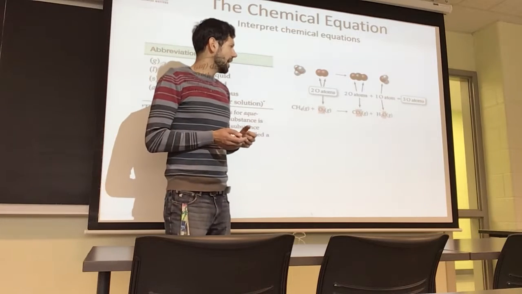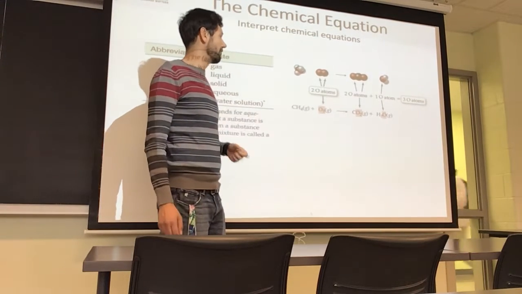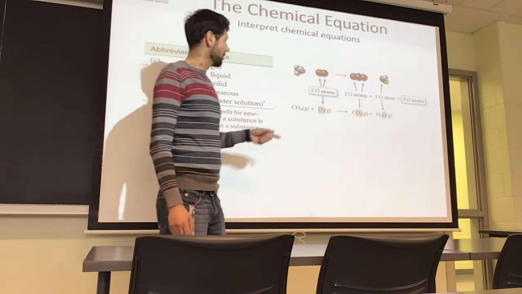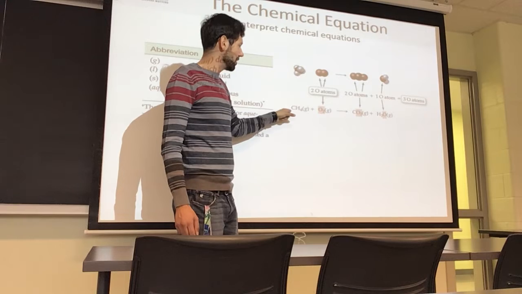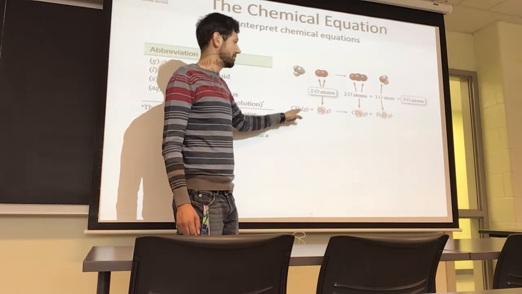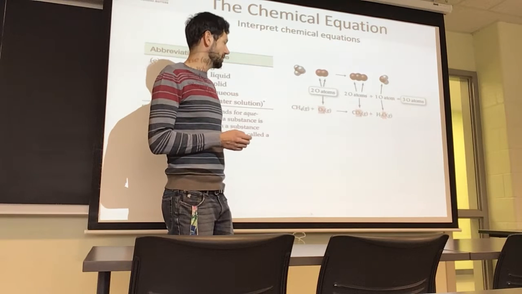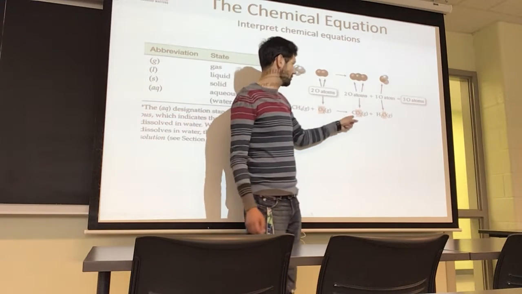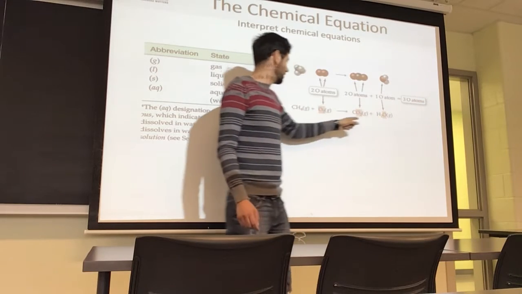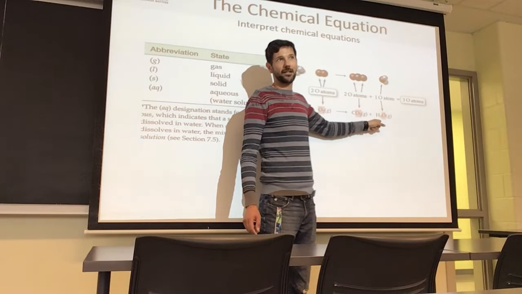So how we can do that is just by placing coefficients in front of the molecules. So we're always going to change the number that goes in front of the molecule. We're never going to change these small subscript numbers, because remember, if you change the subscript, we're actually changing the identity of the molecule. So this is CO2, this is H2O. I know that I need to have, let's say, 4 hydrogens to balance this equation.